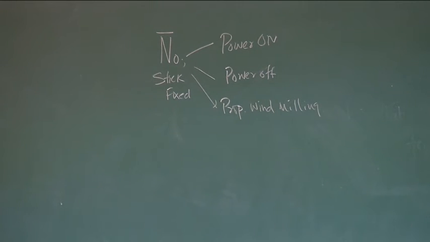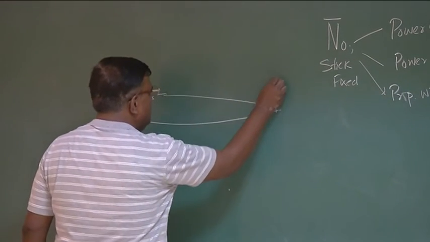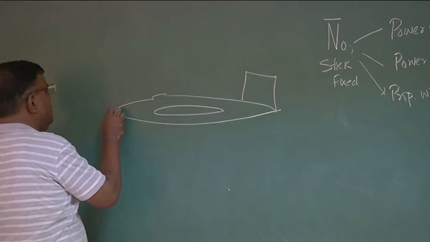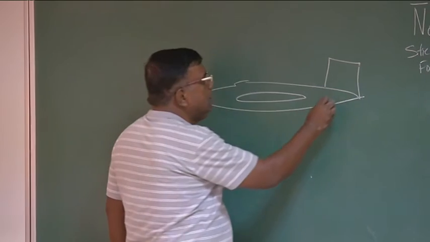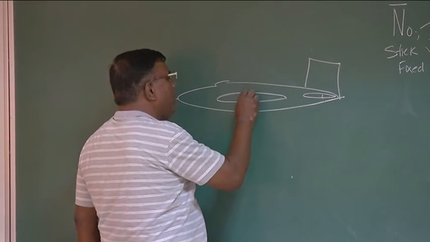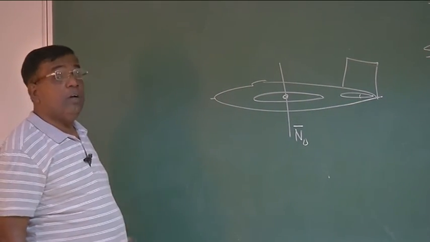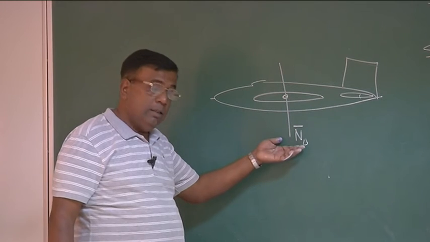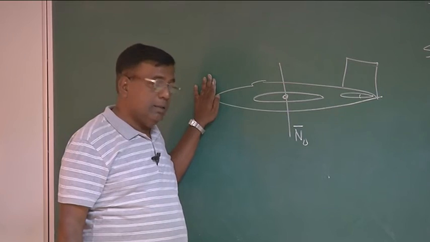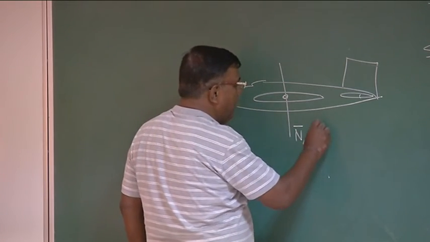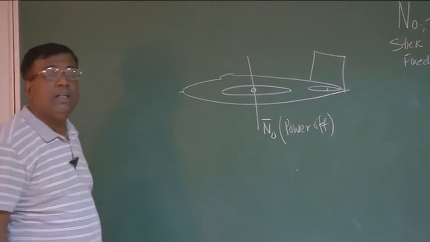Let us physically understand. If this is the airplane, suppose you estimate neutral point stick fixed, and let's say that point is somewhere here. This is N naught bar. When you compute N naught bar, let's say we have not taken the contribution of the engine. That is this, and we say this is power off. Typically a glider without an engine, right?